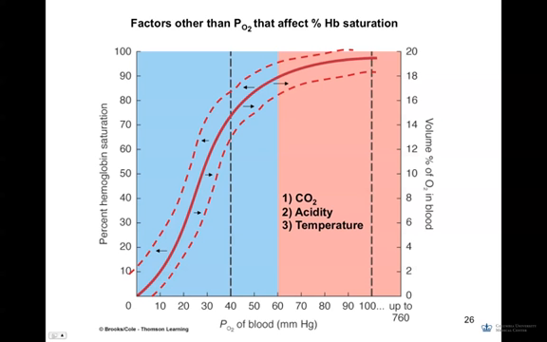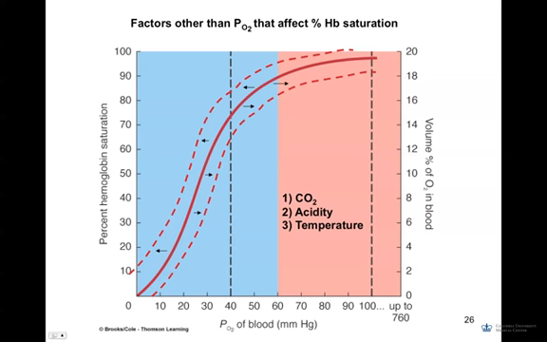Now let's just focus on this lower end of the spectrum because that's relevant for this example, because that's the systemic capillary level. It means that at any PO2, this new shifted curve is going to have a lower hemoglobin saturation than the original curve.